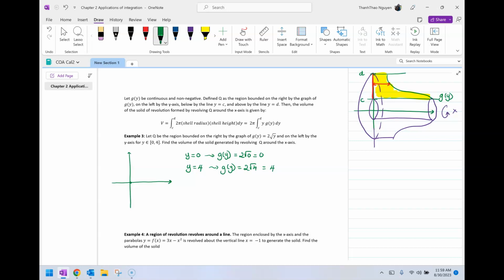So when y equals 4, x equals 2, and it's bounded between 0 to 4. So this is the region that we are looking at.